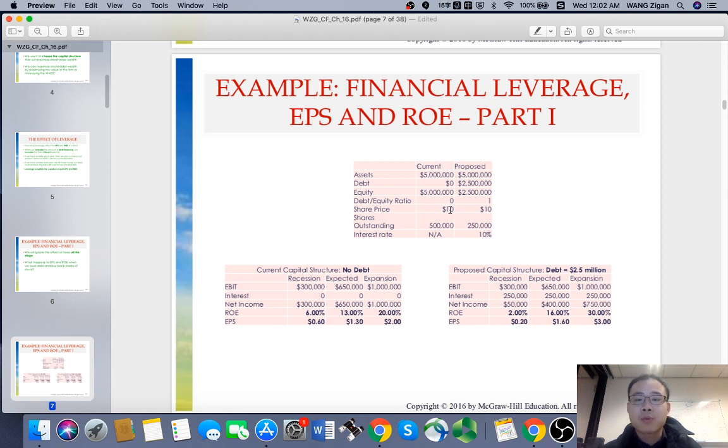So the share price will be $10 because you have 5 million equity value, and you also have 5 million outstanding shares. In the proposed structure, because you issue fewer shares, you only have 250,000 shares, so the share price is also $10, and your equity value is half of the current capital structure, which is $2.5 million.